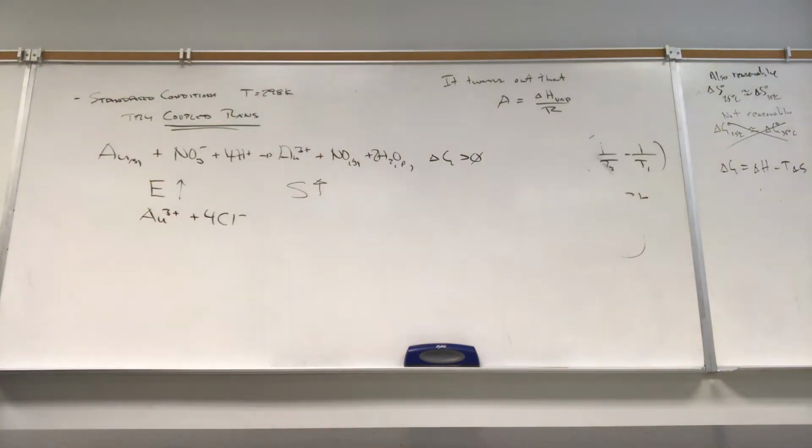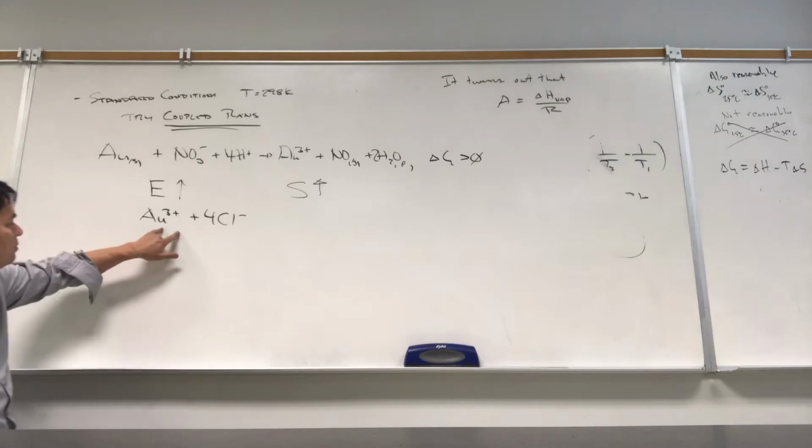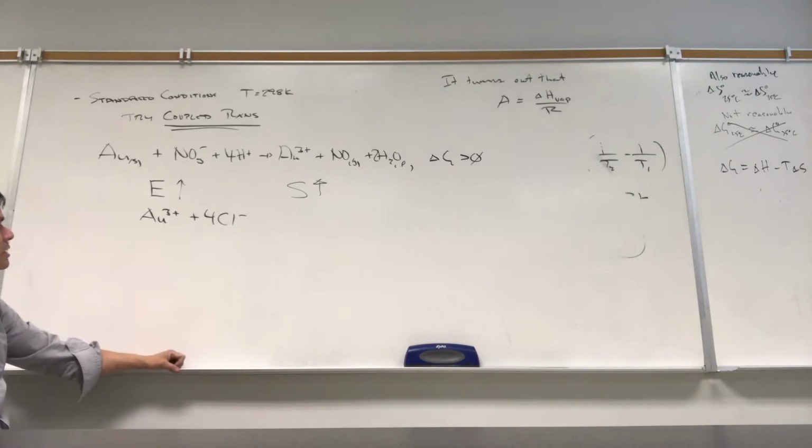This is called a Lewis acid-base reaction. In this Lewis acid-base reaction, gold 3 is my Lewis acid. Chloride is my Lewis base, but the Lewis bases in this type of reaction get a different name. Do you know what they're called?